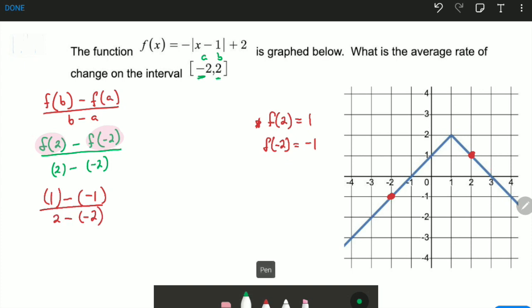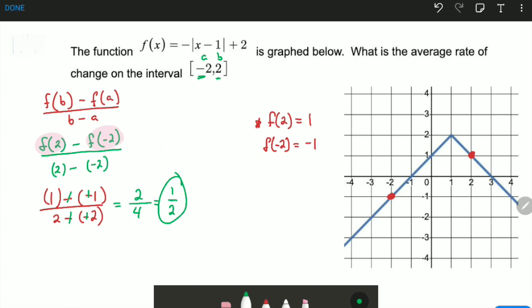Now I just have to go ahead and simplify this. The double negative there on top makes a positive, so it's 1 plus 1, which is 2. Same thing on the bottom, 2 plus 2, which is 4. And the fraction 2 over 4 can be reduced to 1/2.